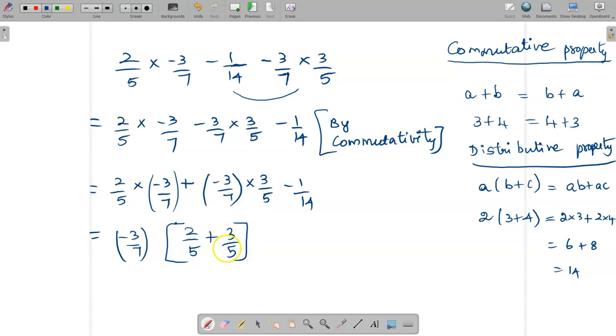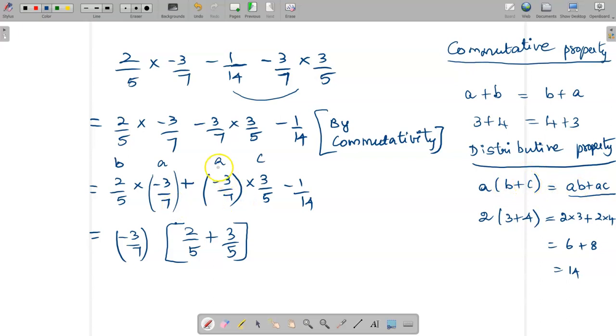So now you can check this. Actually, in the right hand side we have AB plus AC. This is the A term, this is the B term, this is the A term, this is the C term. Whatever we have in the right hand side, we write as the left hand side.